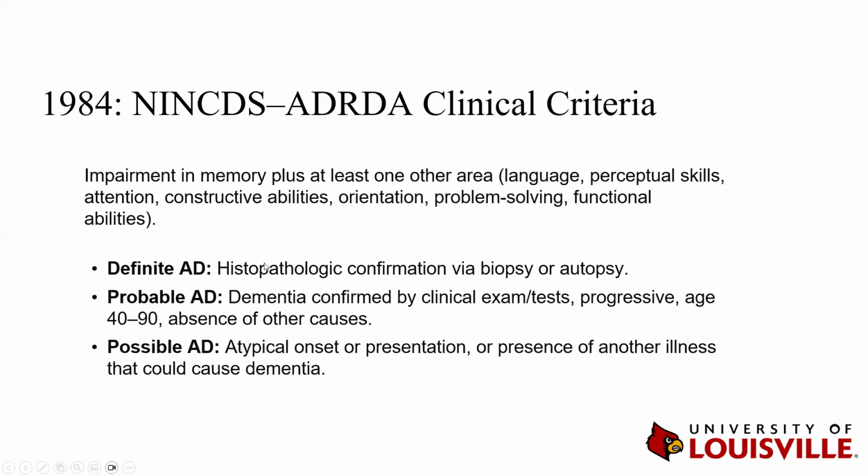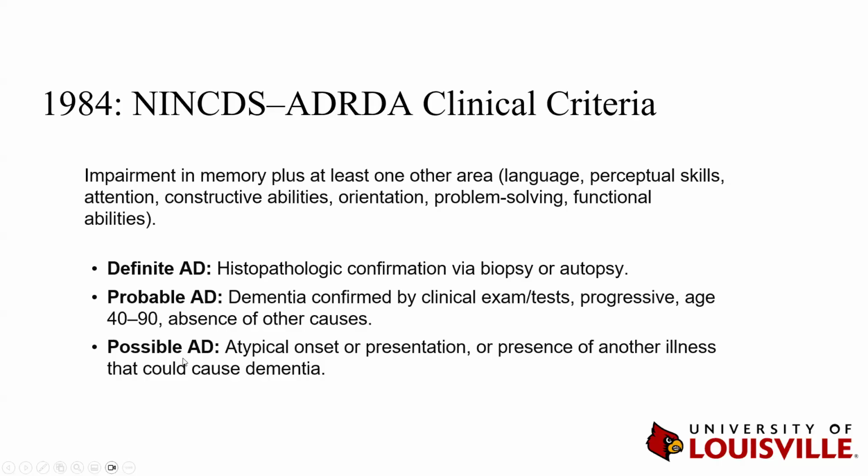Definite, which would require either a biopsy or an autopsy to show histopathological markers, again amyloid beta plaques or tau neurofibrillary tangles. Probable AD, which would basically be confirmed dementia plus one other area of impairment: language, perceptual skills, attention, constructive abilities, or orientation. They had to be the right age, 40 to 90, and it couldn't be better explained by another cause. And then we also had possible AD, which you'd think the vast majority of patients would have fallen into.